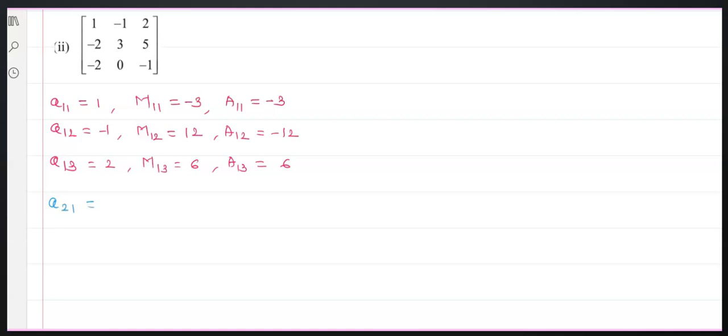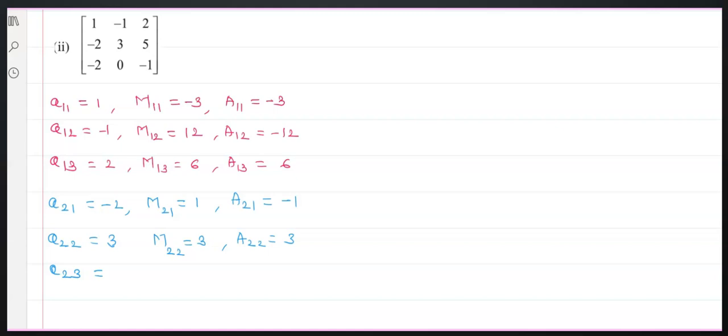Now the second row. A21 is minus 2. A22 is 3.